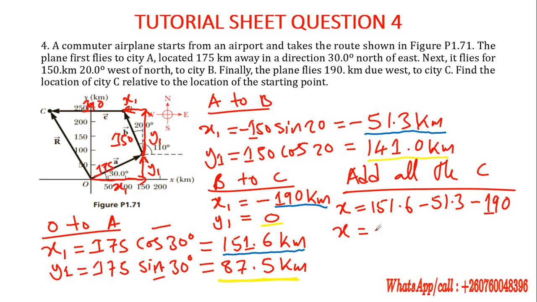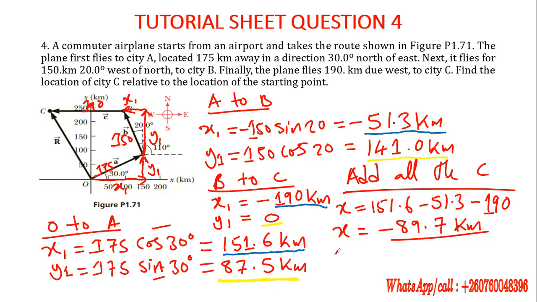So when we do 151.6 minus 51.3 minus 190, I'm getting negative 89.7 kilometers. I didn't indicate the unit because of space. Once we have this component, at least we are safe.